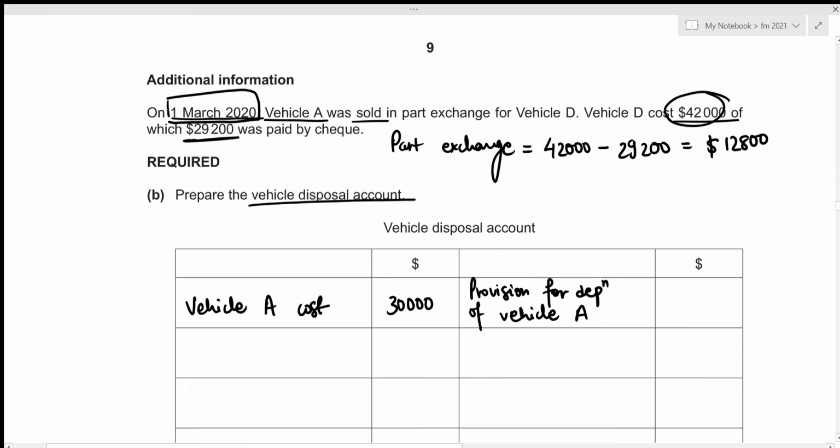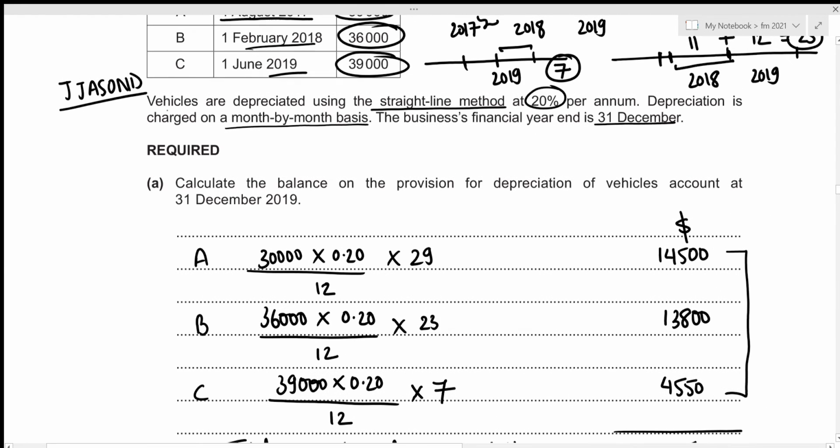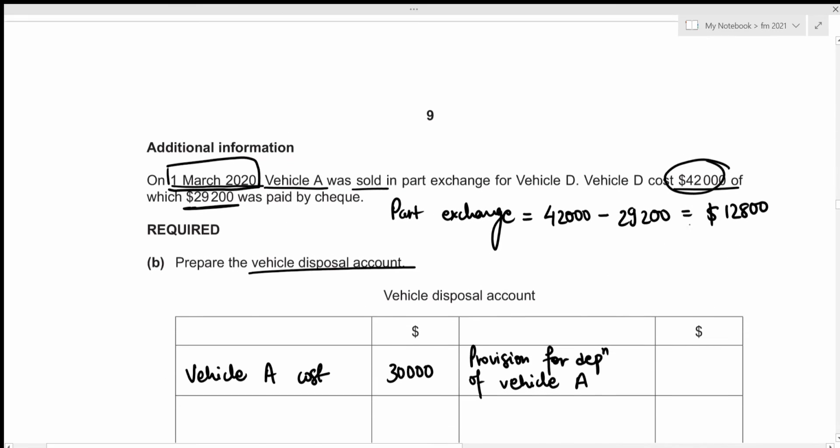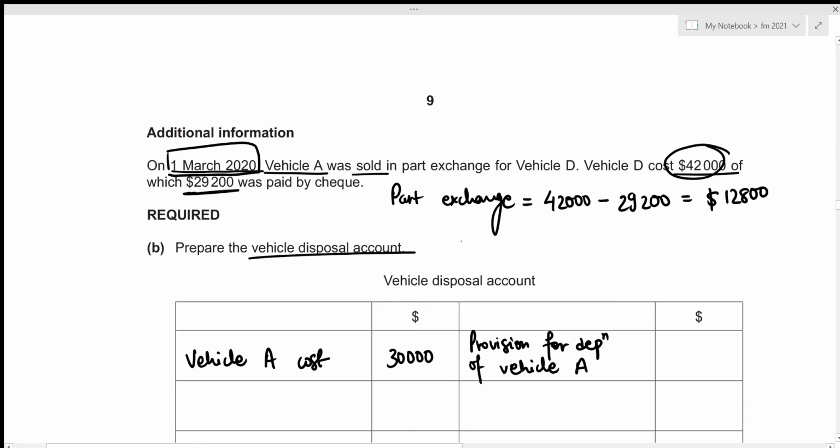And previously we already figured out the provision for depreciation at 31st December 2019. So we'll start with this value of 14,500. So this is the provision for depreciation. And we have the value of 14,500 for the date of 31st December 2019.